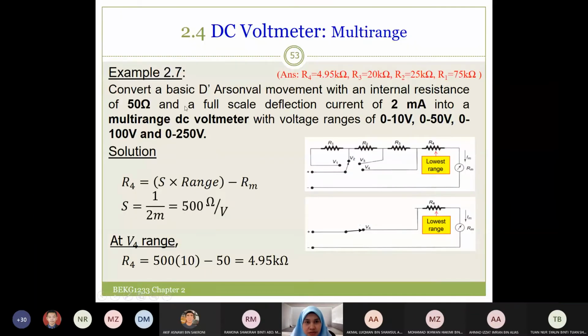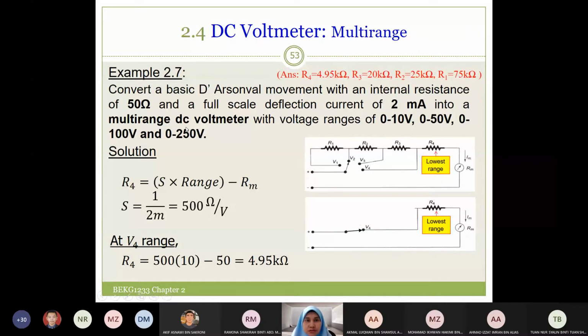If you look at this question, it did not mention the term RS, but how to convert? By adding multiplier resistance.